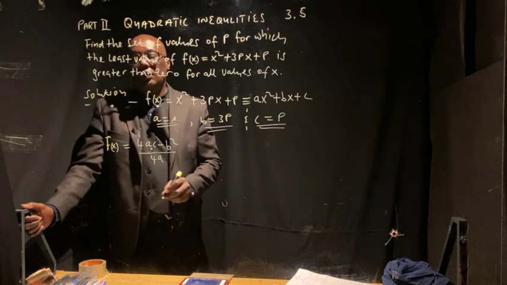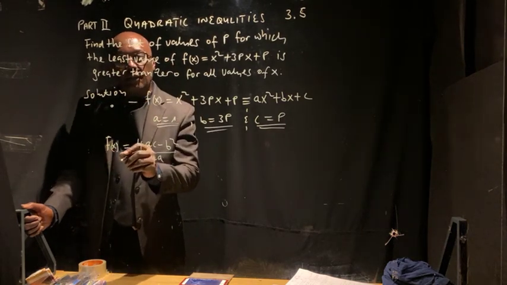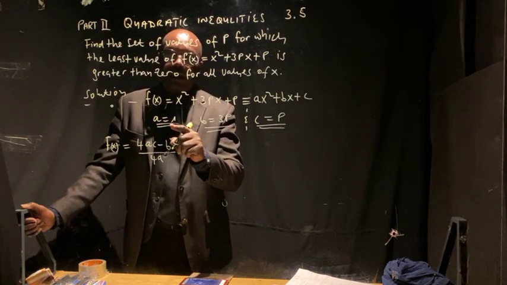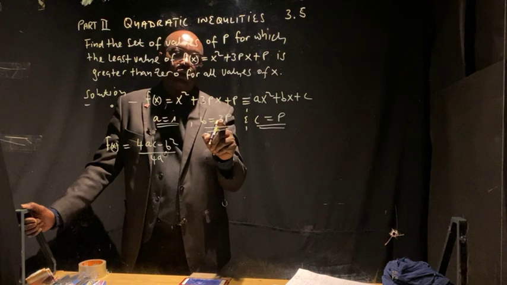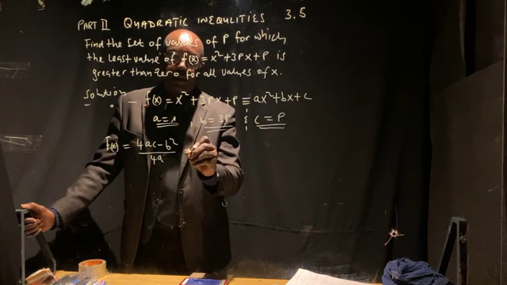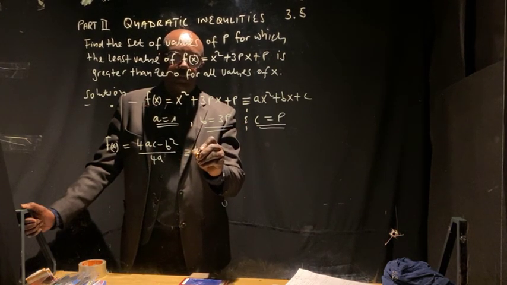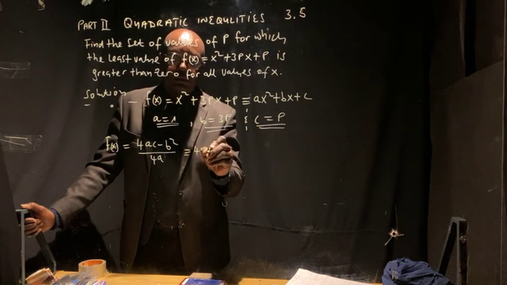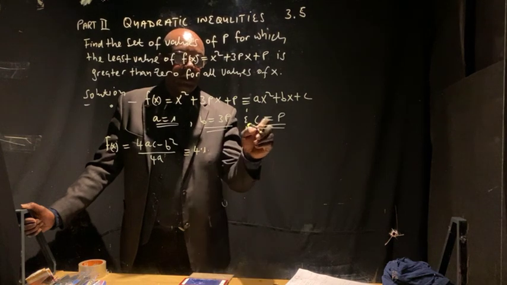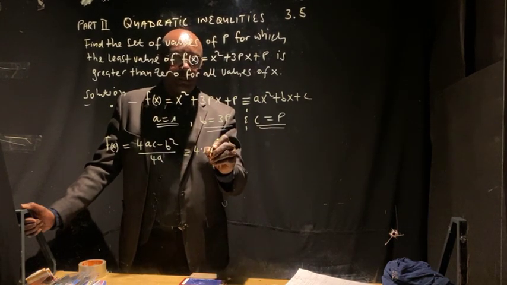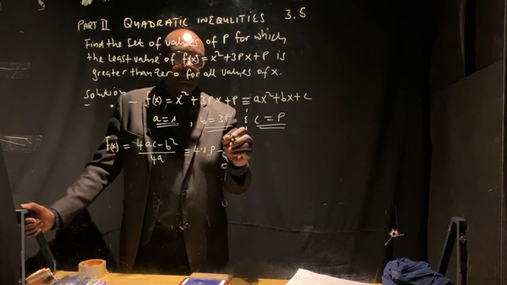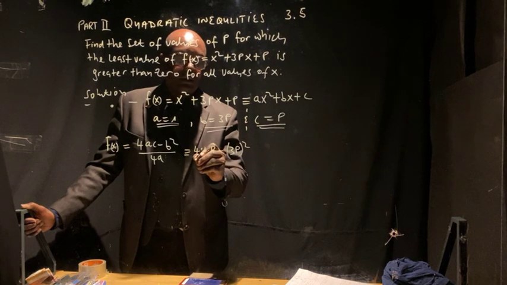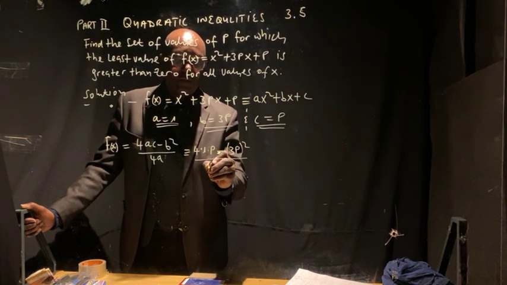So in that case, where a equals 1, b equals 3p, c equals p, this becomes 4 multiplied by 1, multiplied by c, which is p, minus b squared, which is 3p squared, all over 4a.